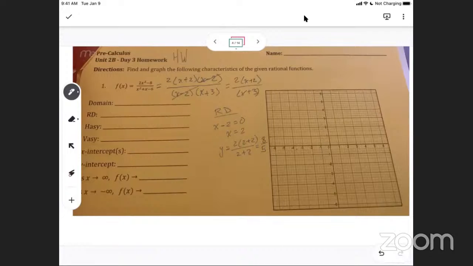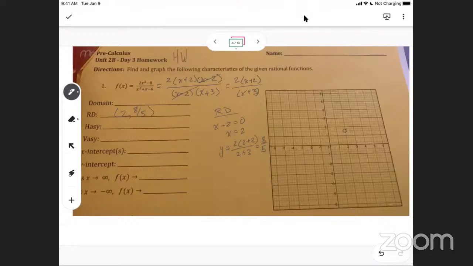So the hole is (2, 8/5), or 1 3/5, right? (2, 8/5) is going to be right here. There's going to be a hole, so I'm going to put a hole there. Let me try that again. That didn't look too good. 2 and 1 3/5 right there.